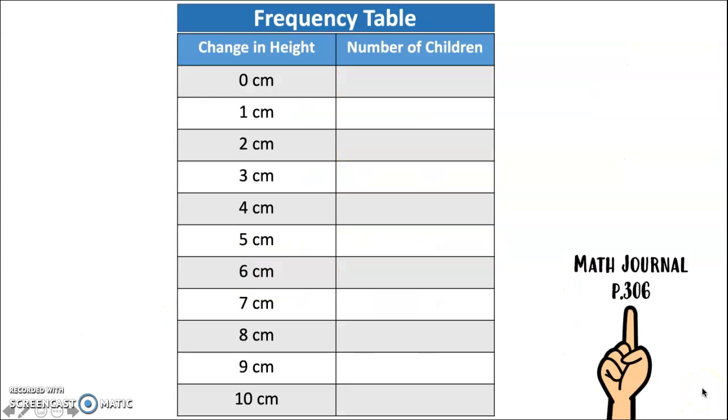So for example, looking at this table in your math journal, how many students grew 0 centimeters? 0, so you wouldn't draw anything here. How many students grew 1 centimeter? We noticed that only 1 student grew 1 centimeter, so you would draw 1 tally mark here.